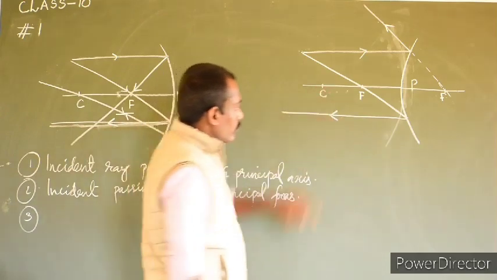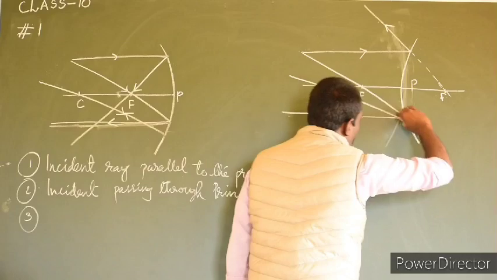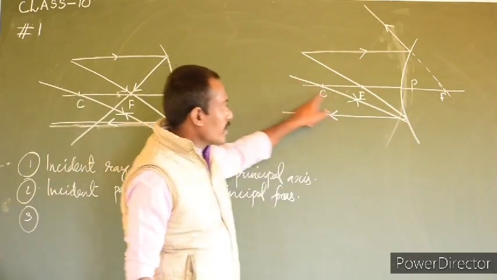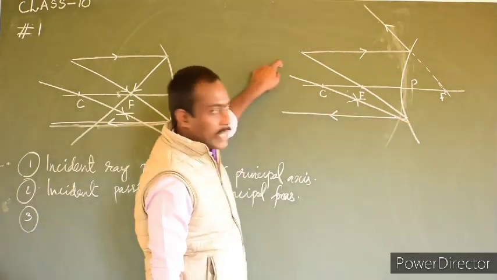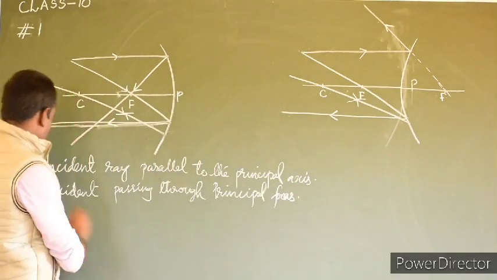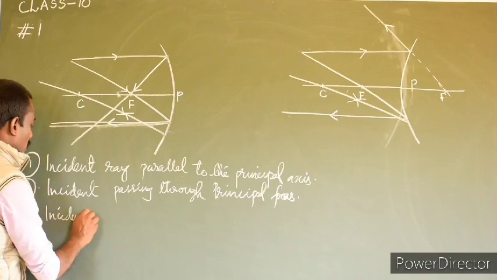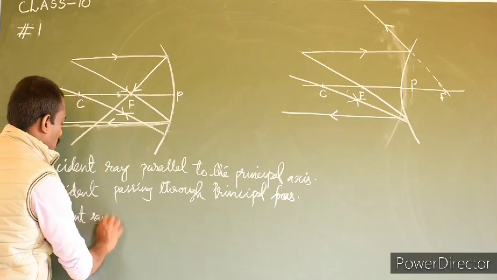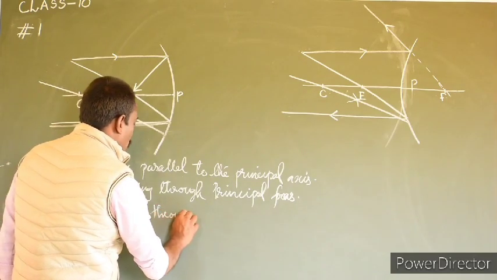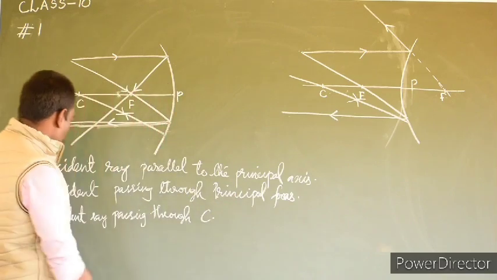And for a diverging mirror also it is the same, it will reflect back through the same path. And then the third ray: incident ray passing through the center of curvature.